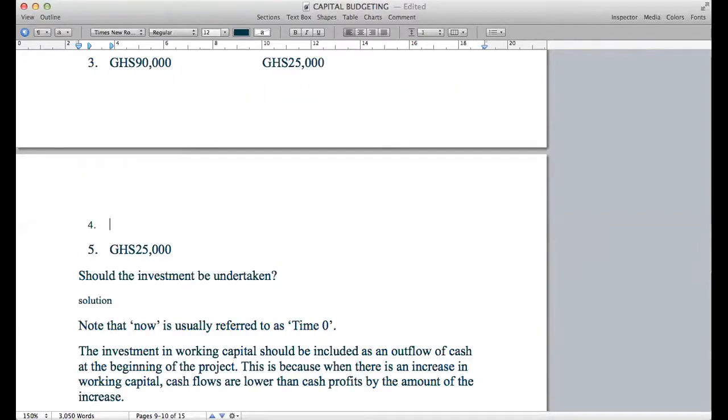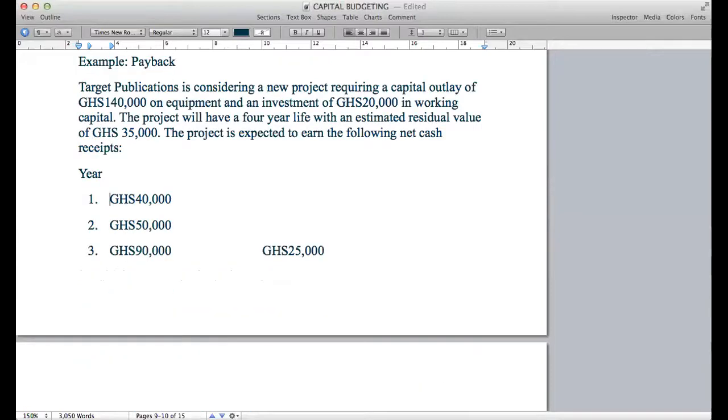Okay, so this is a question. Year 4 is here. This is year 4 net cash flow. You are required to calculate what the payback period is, the first one.